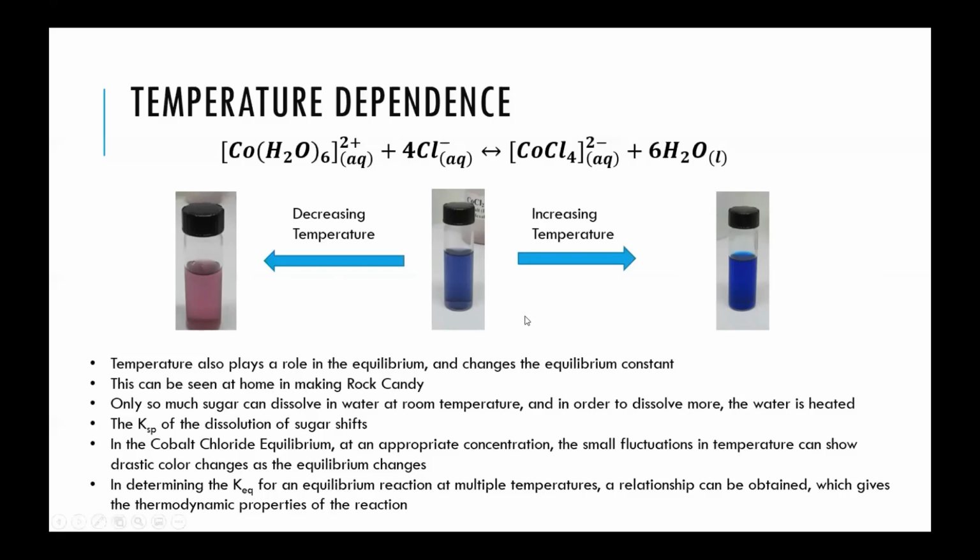You can see that when you increase the temperature, it becomes more blue, more of that bright cobalt blue, so it's making more of the cobalt tetrachloride. When you decrease the temperature, it becomes more red. It's making more of that cobalt hexaaquo complex.